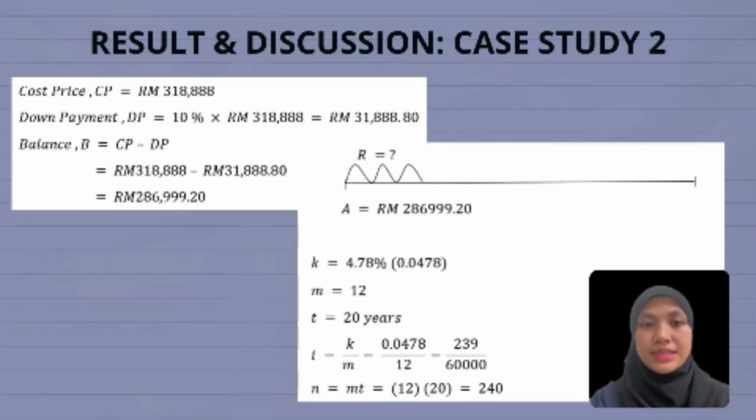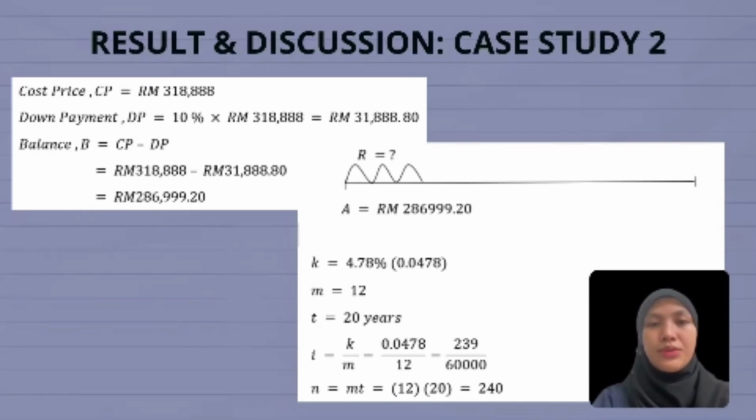For the balance, CP minus DP, we get 286,999.20. For k, we have 4.78%, which is 0.0478, and for m we have 12, compounded monthly, and for t we have 20 years.